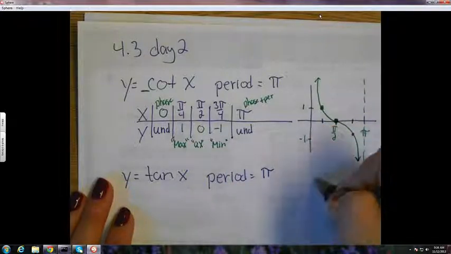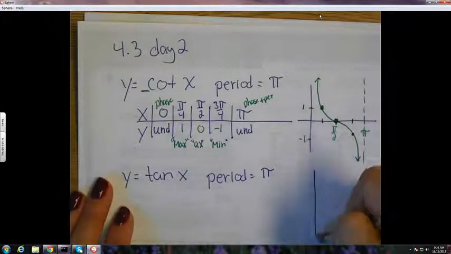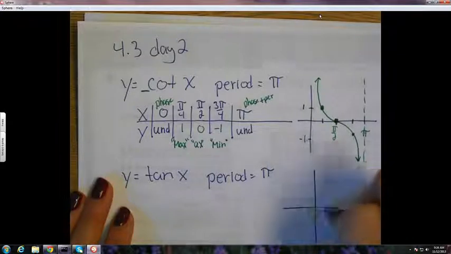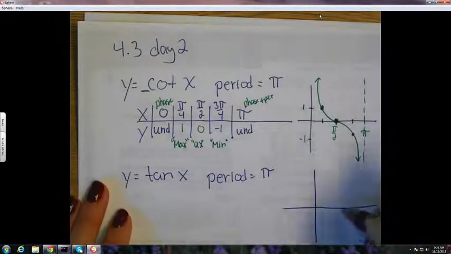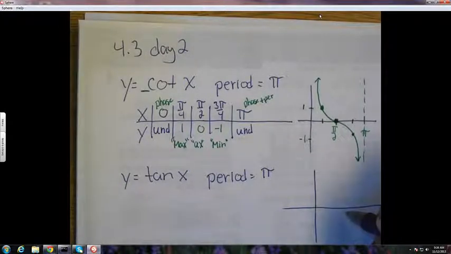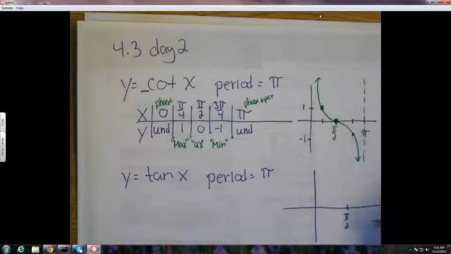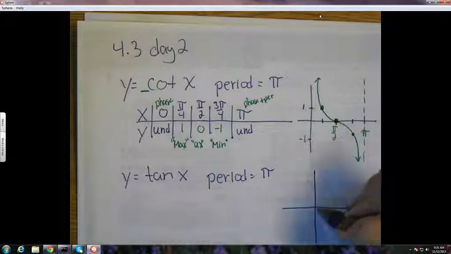But if I wanted to see that first cycle of tangent, pi is right. That's going to be at pi over 2. It hits the origin and does this little number.